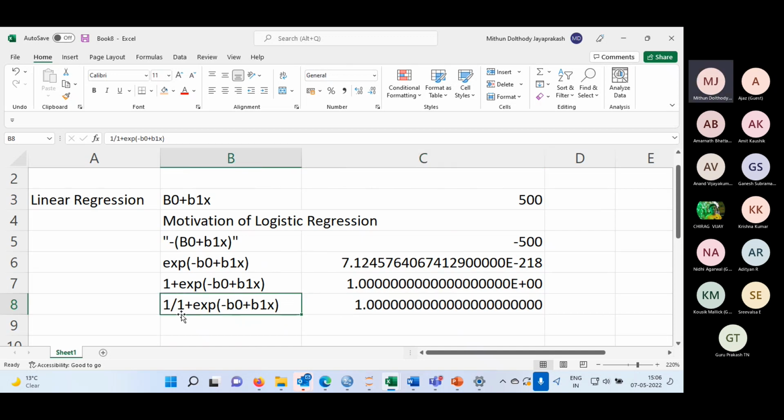Now, what is this? Is this not your logistic regression function? This is nothing but your sigmoid function. So this is the motivation behind getting a sigmoid function. That's it. The foundation is simply the linear regression itself, but that number is not interpretable, and therefore you attach a negative sign and add a 1 to the denominator.